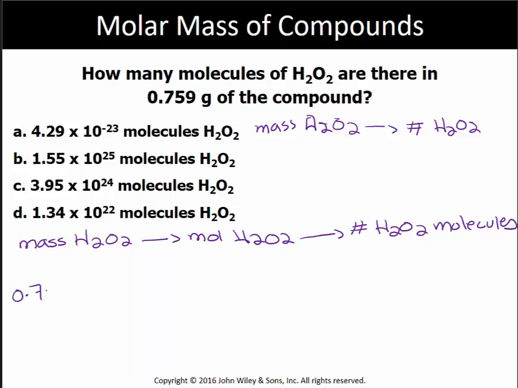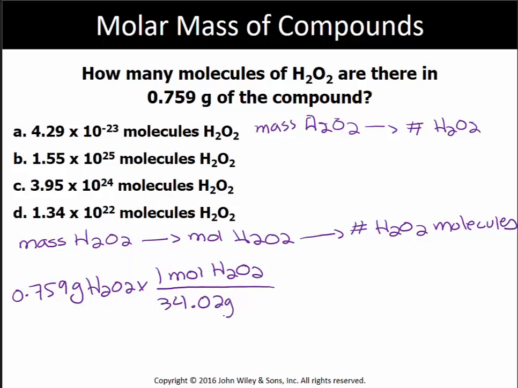So 0.759 grams of hydrogen peroxide. Each mole of hydrogen peroxide is 34.02 grams of hydrogen peroxide. So grams and grams cancel out.